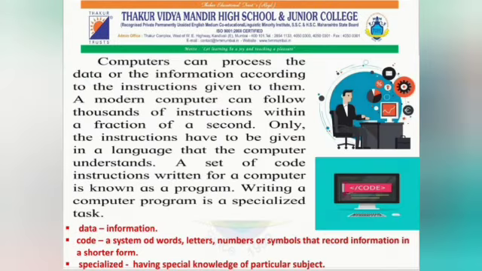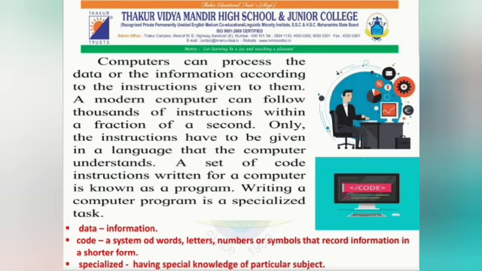Next paragraph. Computers can process the data or the information according to the instructions given to them. A modern computer can follow thousands of instructions within a fraction of a second. Only the instructions have to be given in a language that the computer understands. A set of code instructions written for a computer is known as a program.